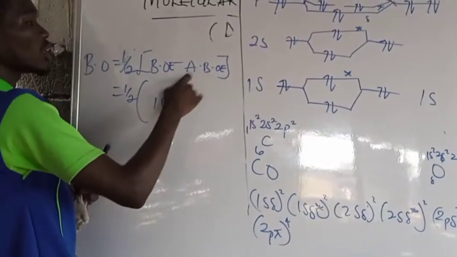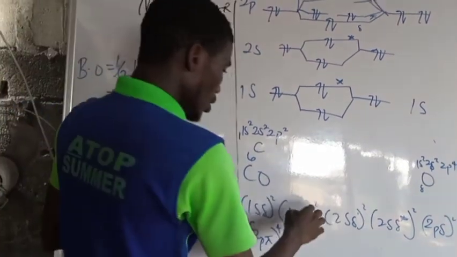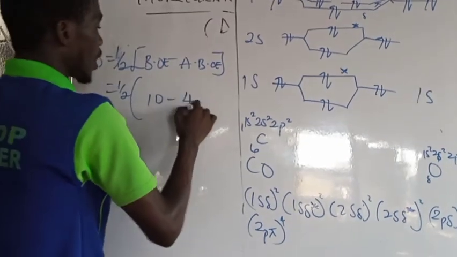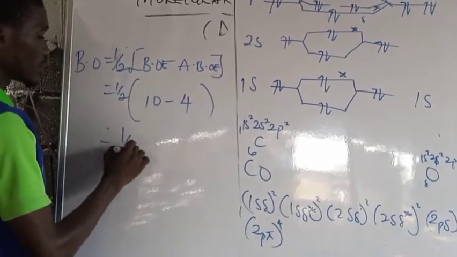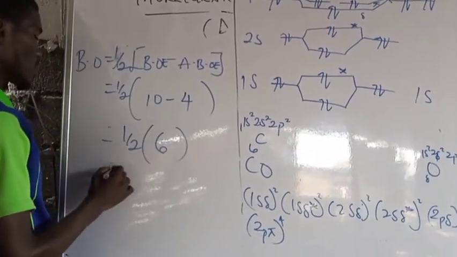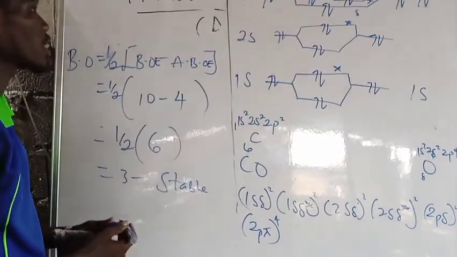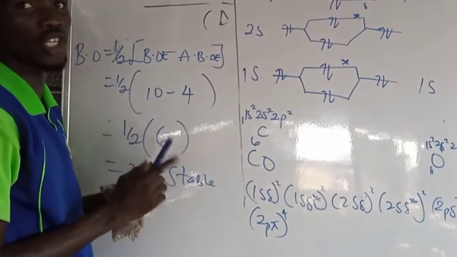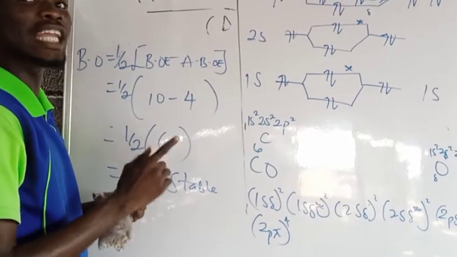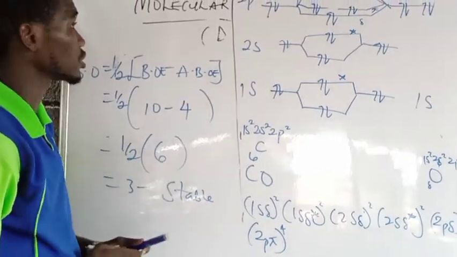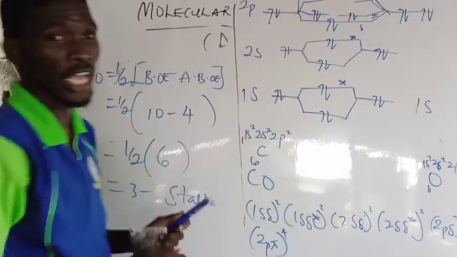Minus the antibonding electrons, 2, 4. So we have 1 over 2 times 6, half of 6 is 3. So it is stable. Note, for every molecular orbital theory, the energy levels must be filled with pairs of electrons. Thank you for watching, and don't forget to subscribe.